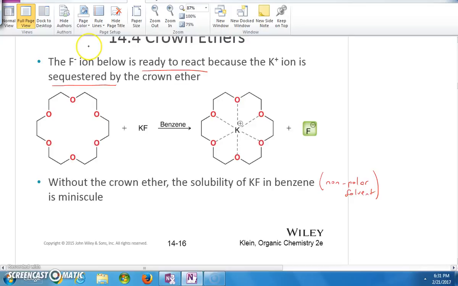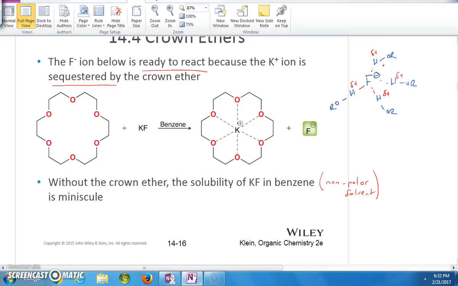Okay, look at this example. We know that the fluoride ion is heavily solvated by polar protic solvents. For instance, if you were to take the fluoride in the presence of an alcohol, because of that interaction between the fluoride and the positive end of the hydrogens, of the ionizable protons, guess what?